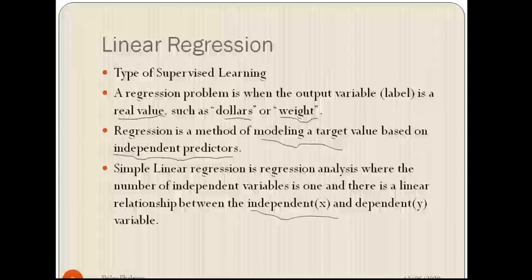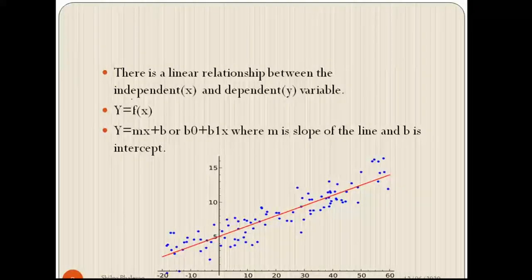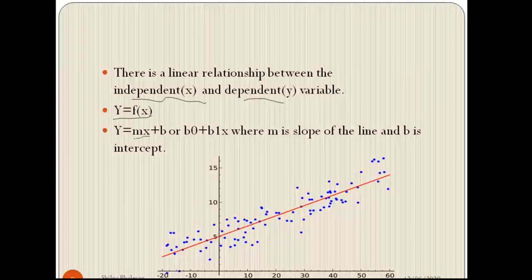Like the area of a house, we will take the example later. If the independent variable is single and the dependent variable is y, we can represent y as a function of x. Since there is only one independent variable, it can be represented in the form of the equation y = mx + b.